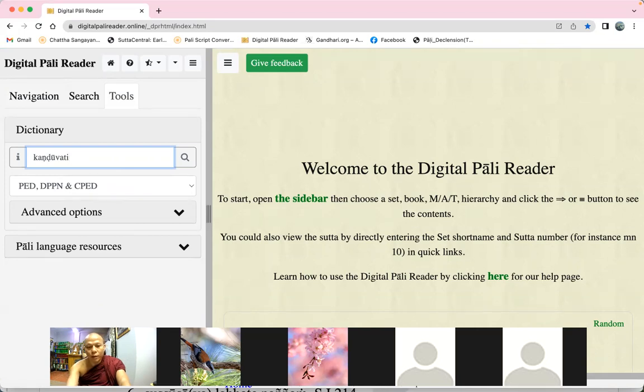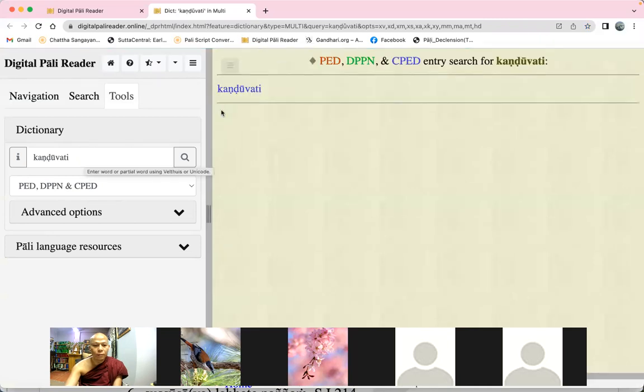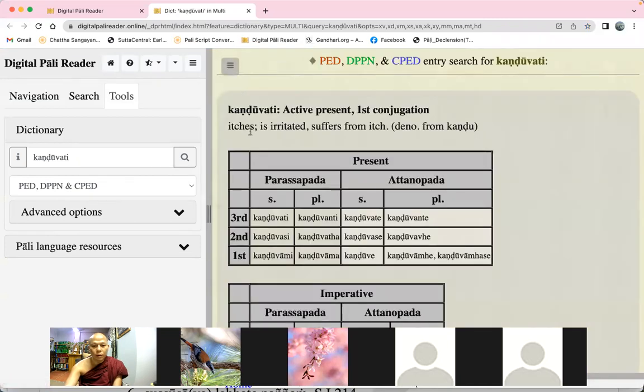So kaṇḍuvamāno means itches, irritated, suffering from itching, or scratching also.